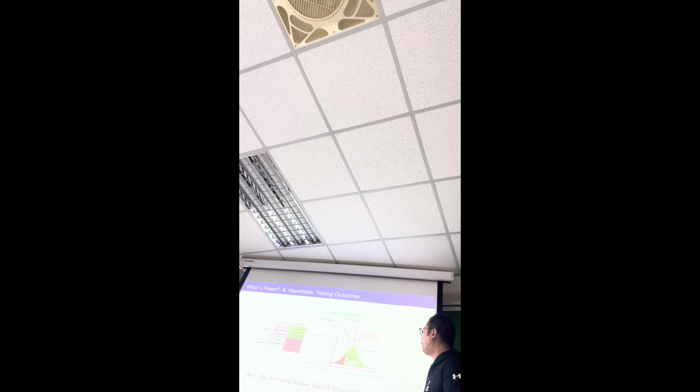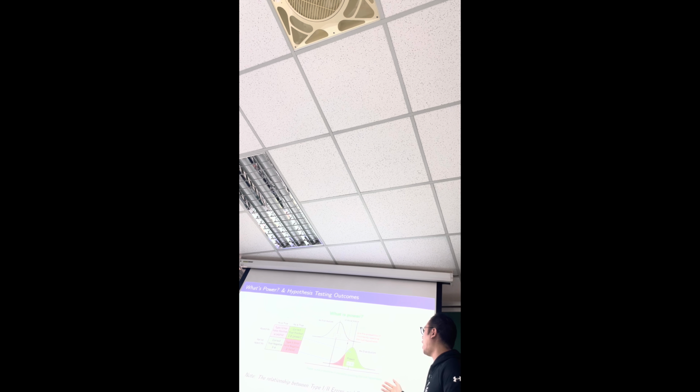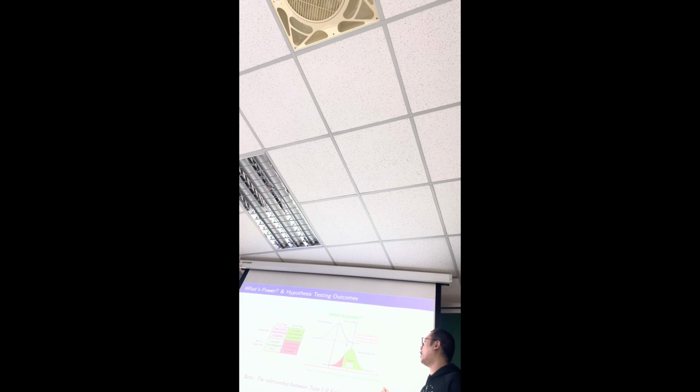We can see from this figure, from the left side to the right side, the distribution of different hypothesis testing, and we can use this figure to understand the definition of power. So the definition of power is the probability of correctly rejecting a false null hypothesis.